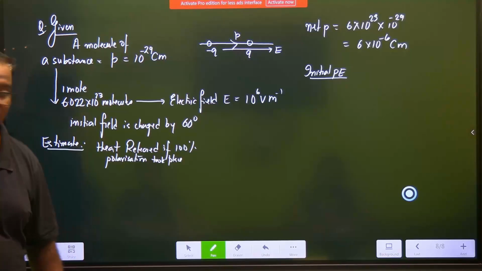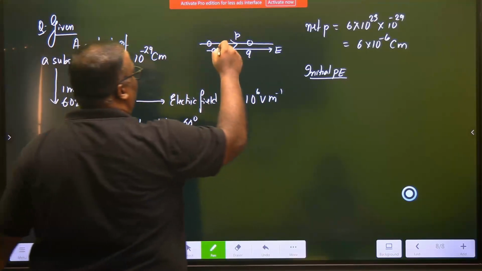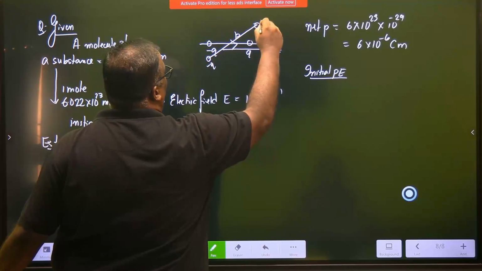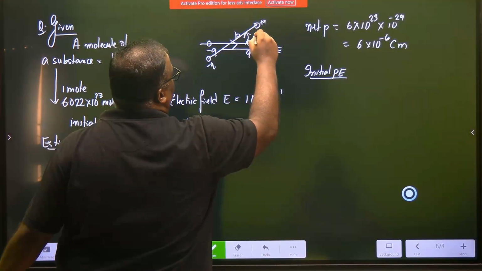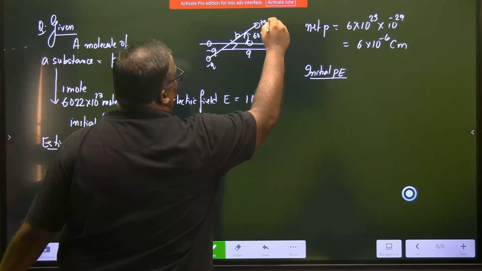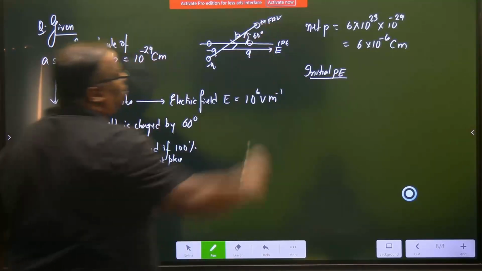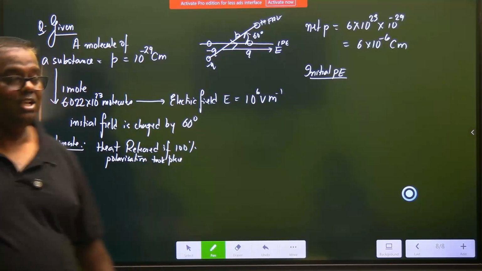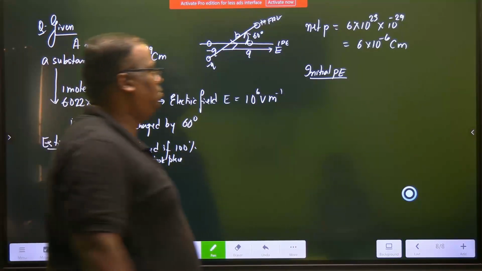Do you get it? You took this dipole and you now twisted it by an angle of 60 degrees. So at this you have initial PE, this is final PE. The difference between the two is the net gain of PE which you will release as heat. So calculate what is the initial potential energy.